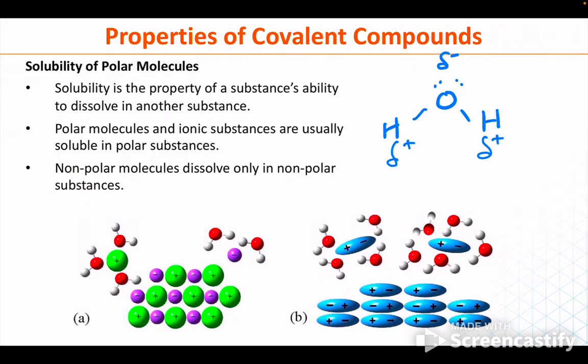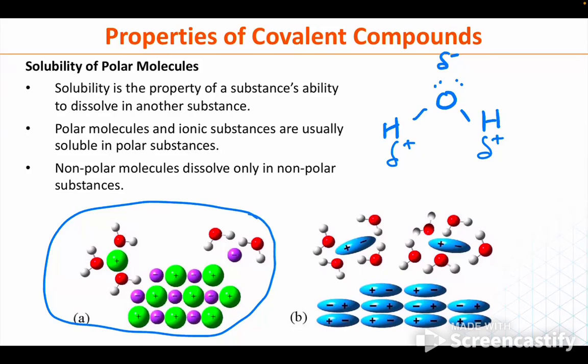So it's attracted to the ions when you're talking about an ionic compound, but also attracted to a polar molecule, which would have a positive and a negative end. So the covalent compounds are soluble in water if they're polar. Otherwise, nonpolar covalents are not soluble in water.